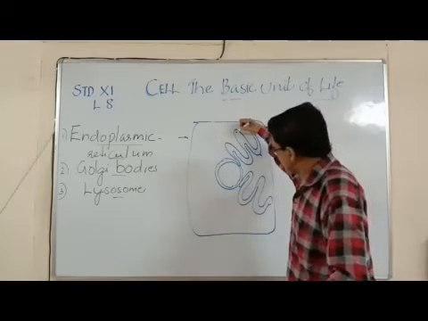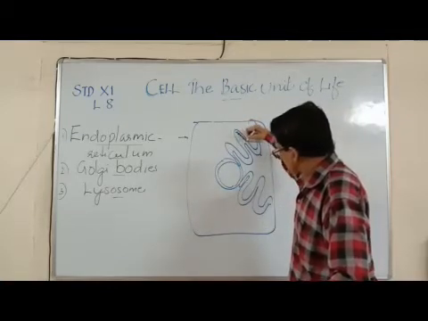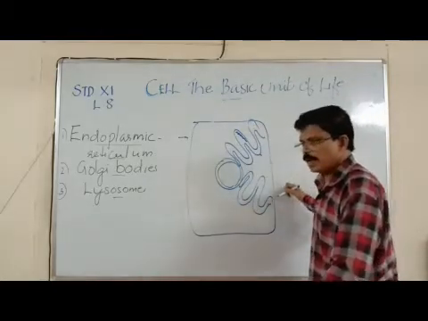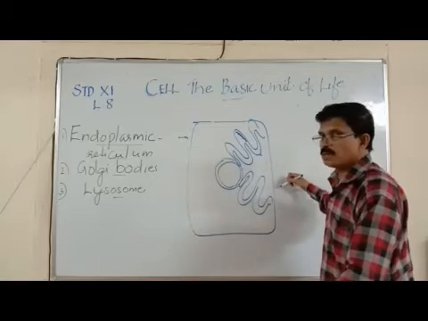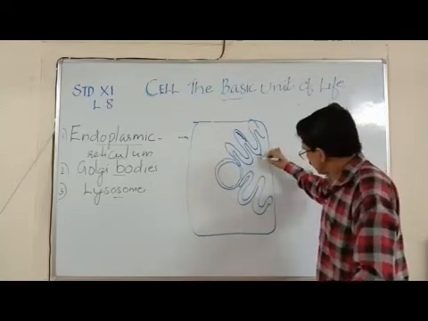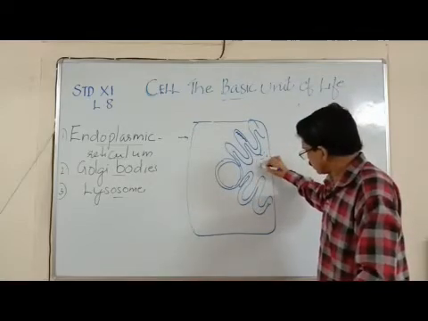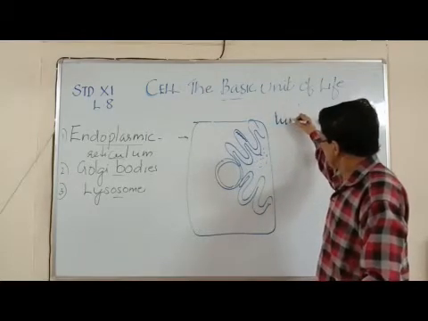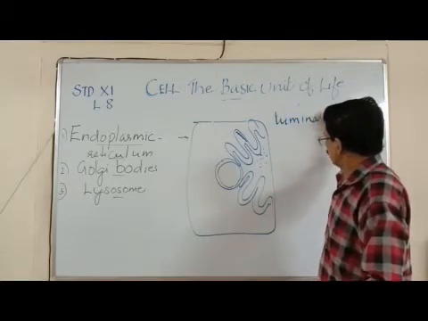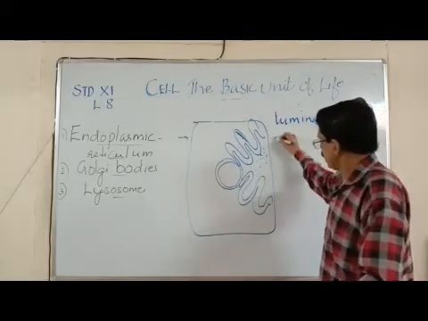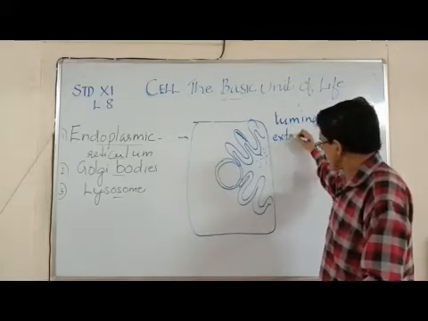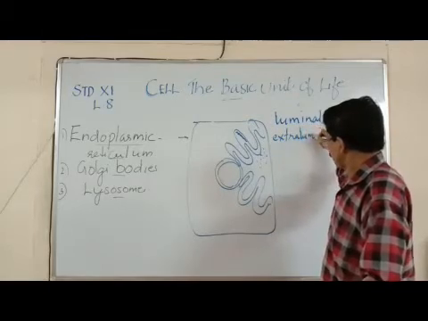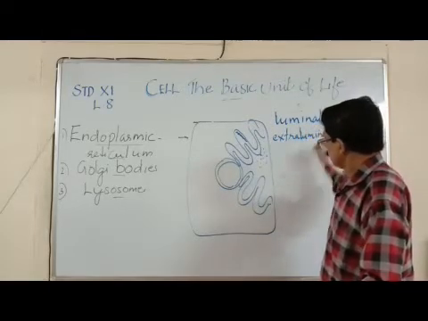Luminal means inside the endoplasmic reticulum, and extraluminal means outside, that is, facing or touching the cytoplasm. So luminal and extraluminal are the two sides of the endoplasmic reticulum.